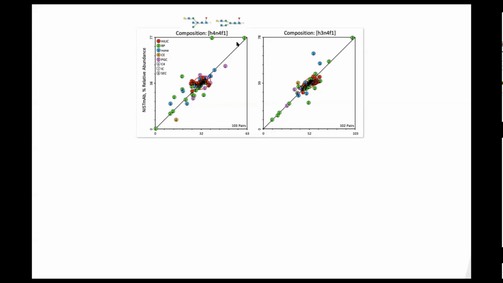And you can see here that all of the labs and all of the different techniques, whether it's liquid chromatography or capillary electrophoresis, are finding the same composition on the monoclonal antibody.